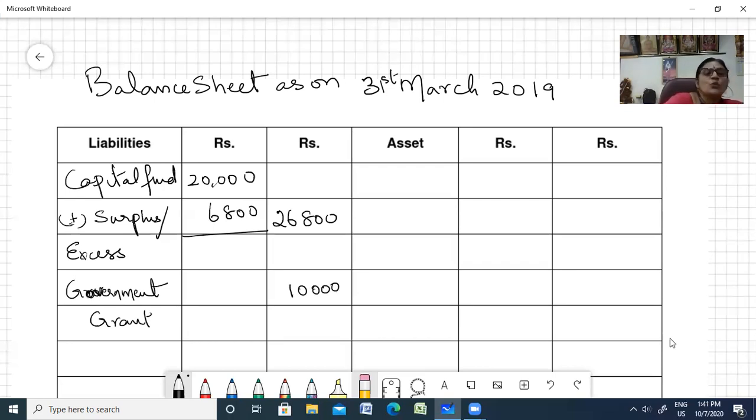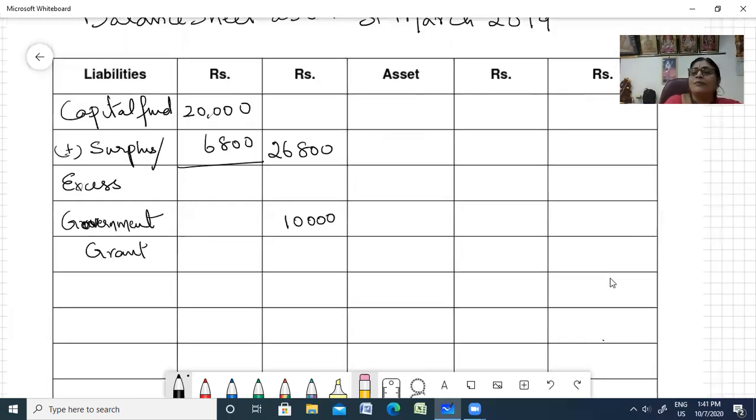Next, you have your price fund. Remember I told you reserve fund, price fund, all that will come in your liability side. That's the third adjustment that I taught you. First, we learned about the subscription, then how to find out the consumption of stationery. Third is how to transfer your fund. Your price fund, reserve fund, all that will appear in the liability side.